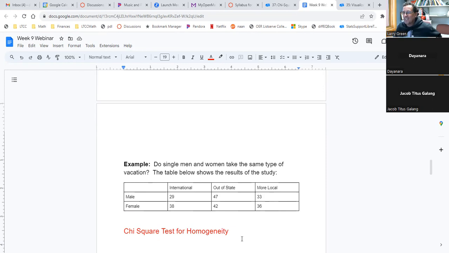Since you've seen it. Yeah, it's basically the same genetically. Do you see that? And that makes it homogeneous. So homogeneity is about the same. Genetically is a special example, but it's the same distribution of genes. In this case, it's the same distribution of travel type. Any questions on this idea?